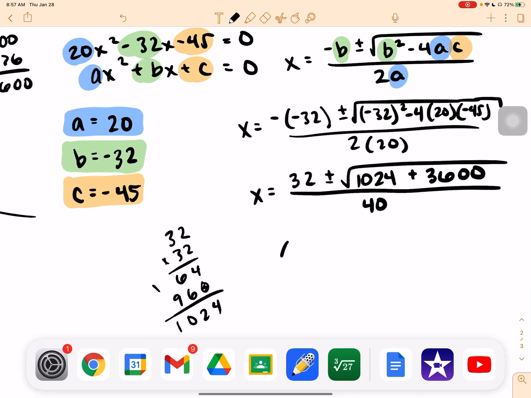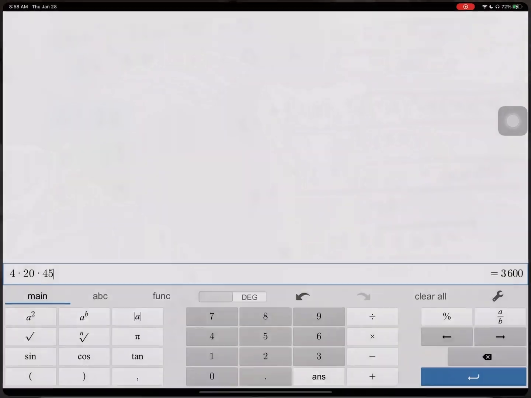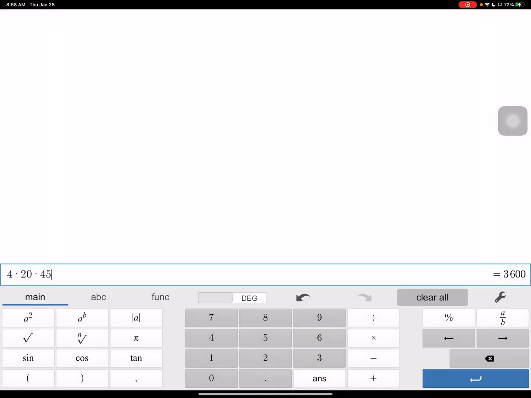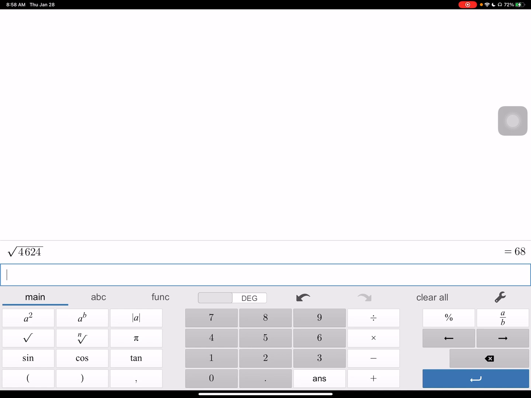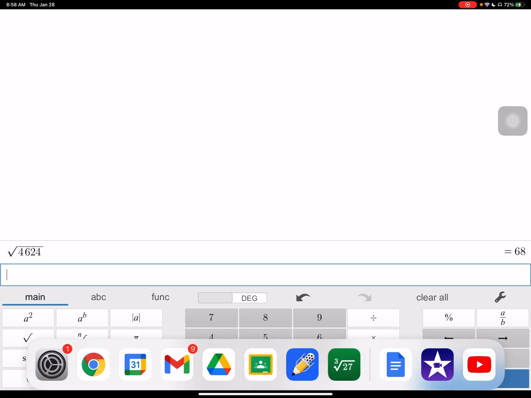So now here, we have 32 plus or minus. If we add those two together, we get 4,624. Okay, so let's see if that is a perfect square root. It is 68. Okay, so these are really pretty because they're working out nicely. No decimals. So this is 68.